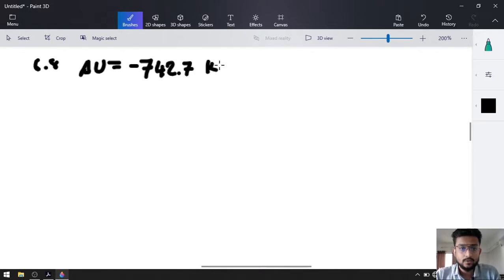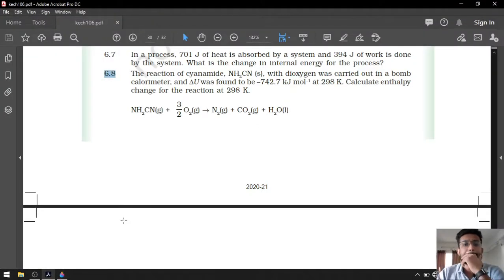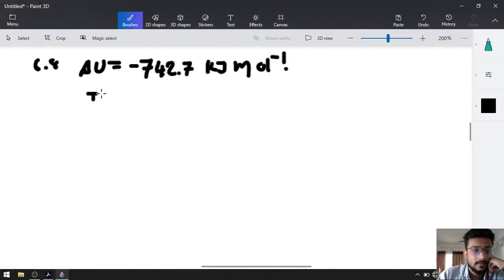After that, at 298 Kelvin, the temperature has been given.